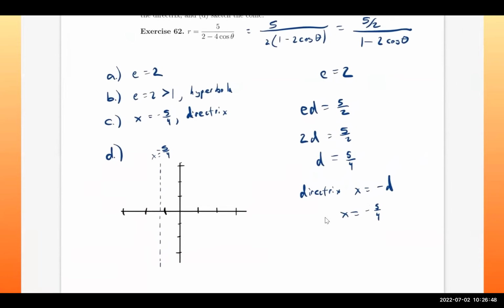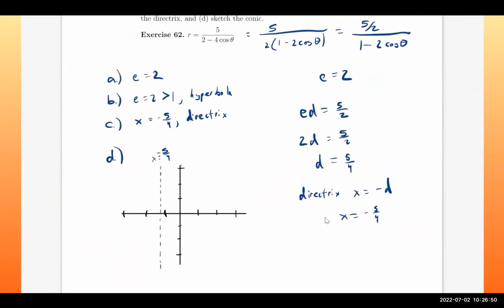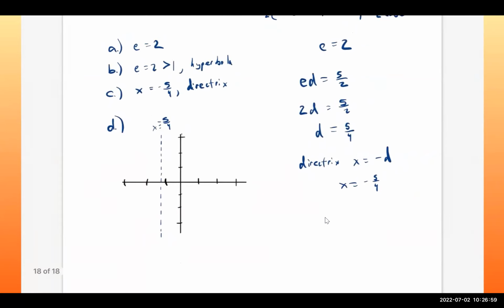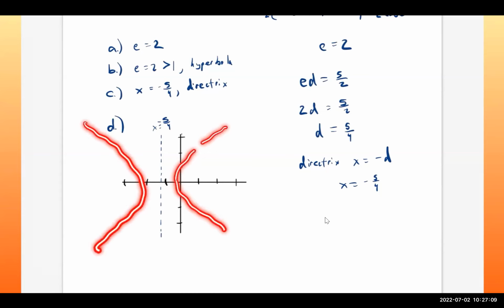That's our directrix. Okay, what else do we know? Okay, we also know that it's a hyperbola, and so a hyperbola is going to look like this.